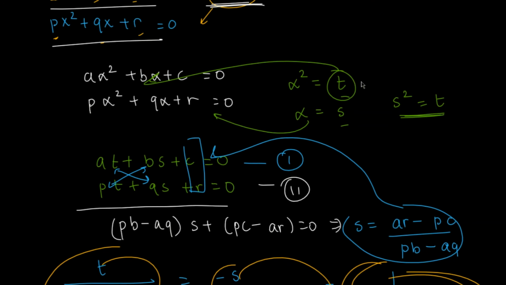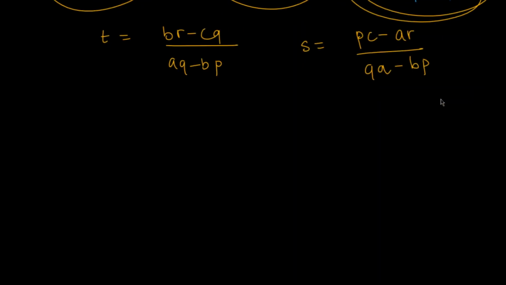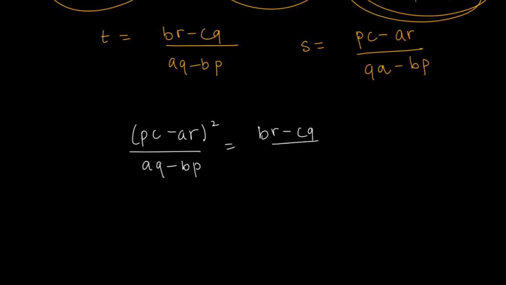And now what we do is we plug it in right here. So s squared is equal to t. So that gives us (pc - ar) squared divided by (aq - bp). This is equal to t, but t is (br - cq) divided by (aq - bp).